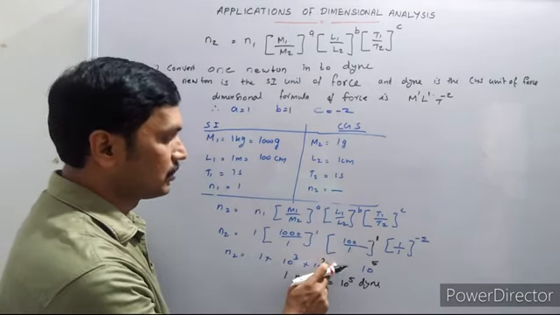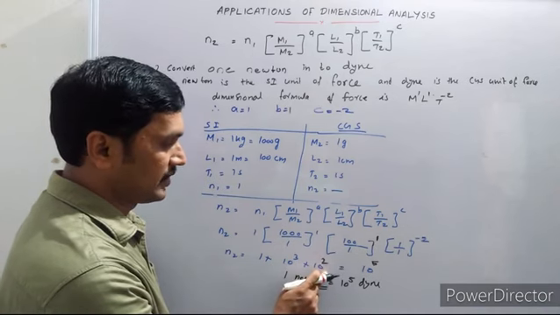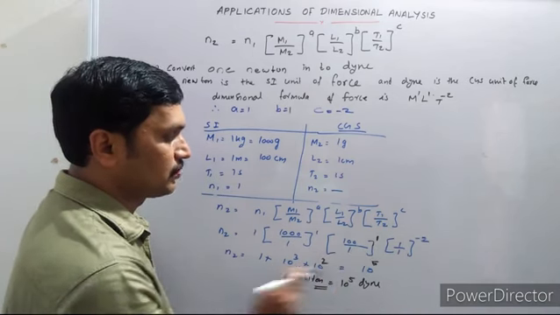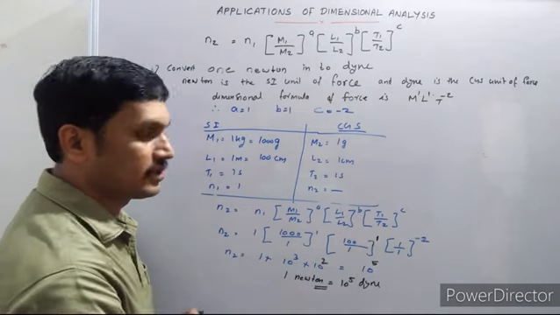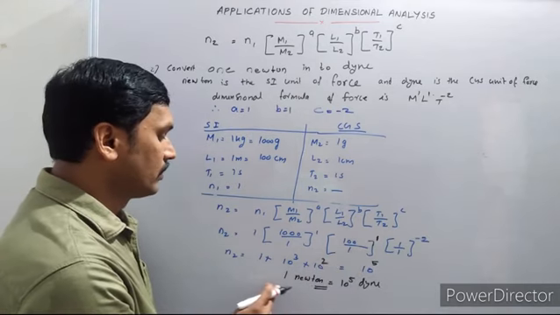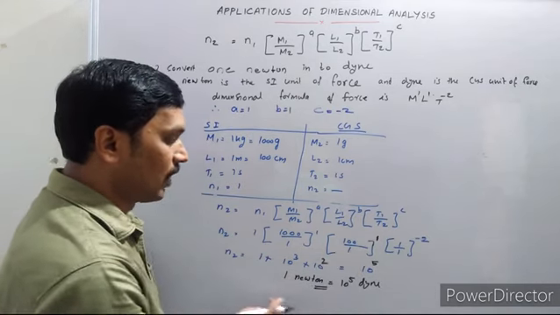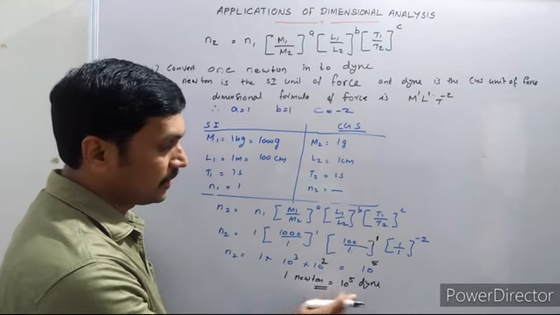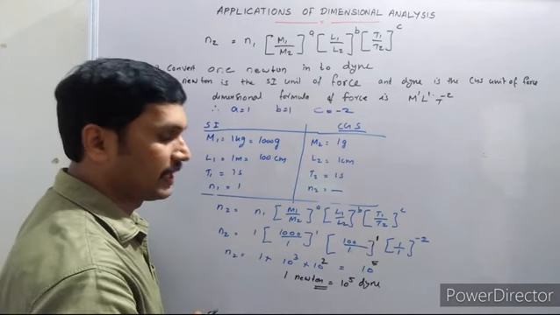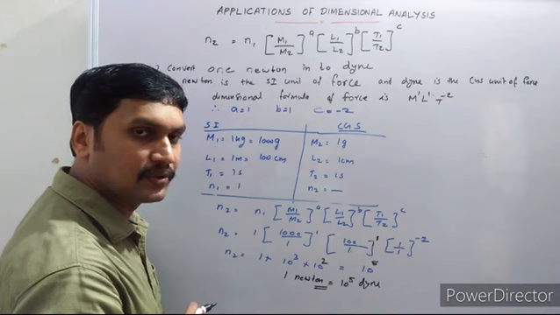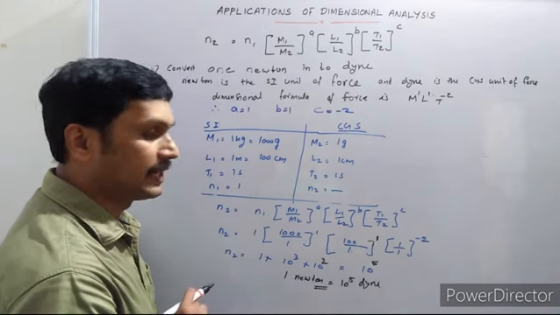So 10 raised to 3 into 10 raised to 2 gives 10 raised to 5. N2 is equal to 10 raised to 5. So we can write 1 Newton is equal to 10 raised to 5 dyne.